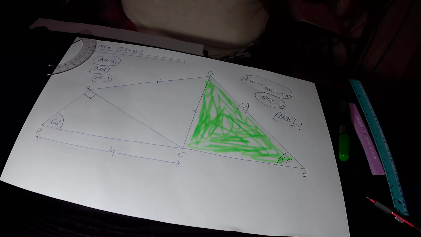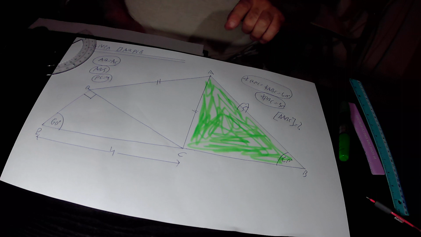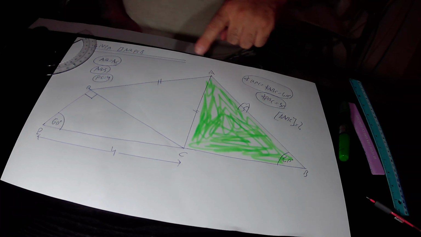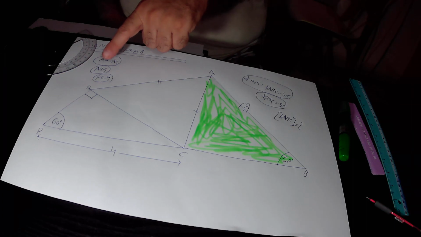So first of all, we will do a construction, that is to say, from this point A, we will draw a perpendicular to QC.